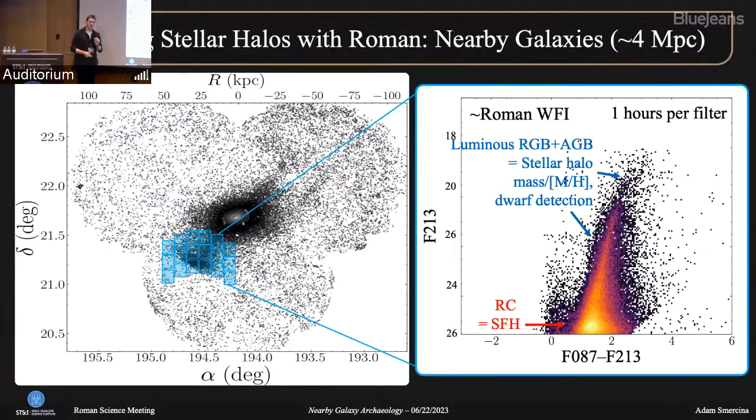You can do very precise measurements of the stellar halo properties of the progenitor. And you can even reach the red clump, which is this very information-rich point of stellar evolution, where you can even calculate detailed star formation histories over this entire halo.